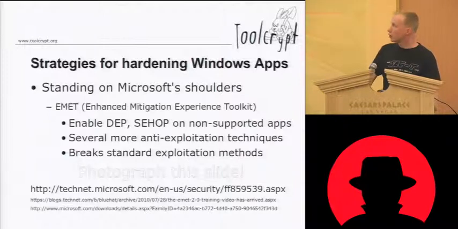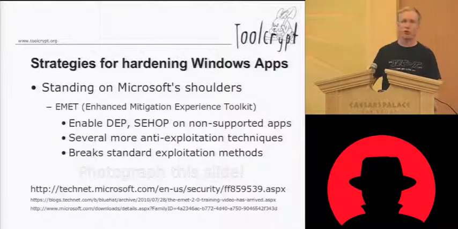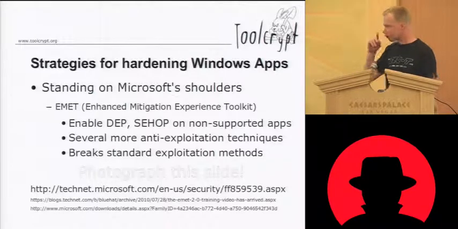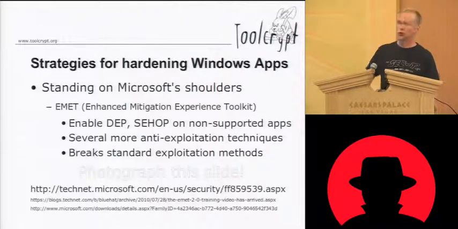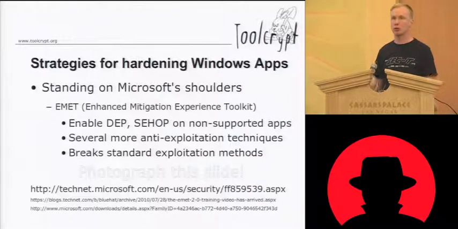And also there are some features in EMET that can enable, for example, ASLR and DEP for your processes without you actually having to be aware of all this stuff that I've been talking about before. So it can, for example, force modules to use ASLR even though they haven't been compiled with the dynamic-base linker flag and stuff like that.